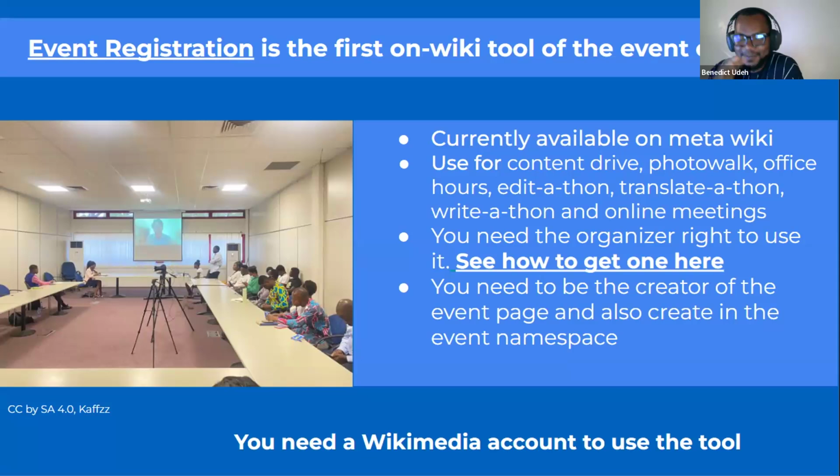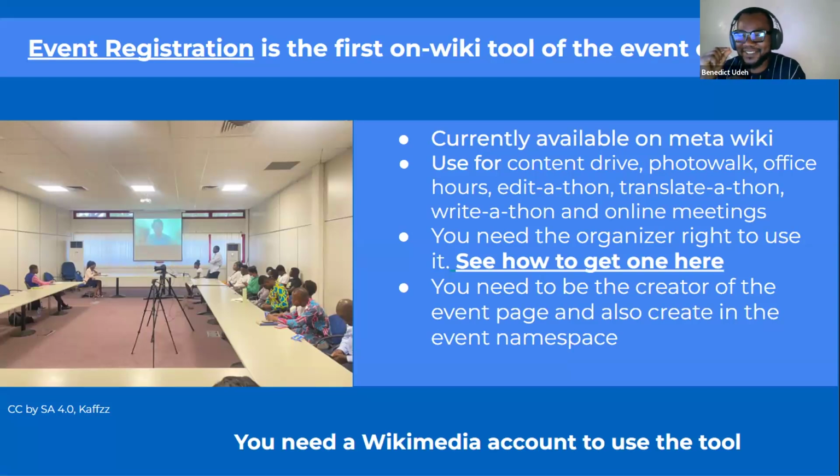And what does this mean? It simply means that with the event registration tool, we're giving you the ability as an organizer to create all your events and send just one link to your participants to register for the event.